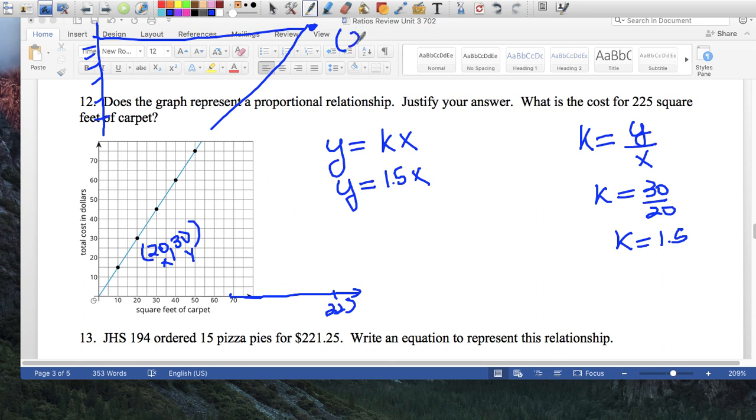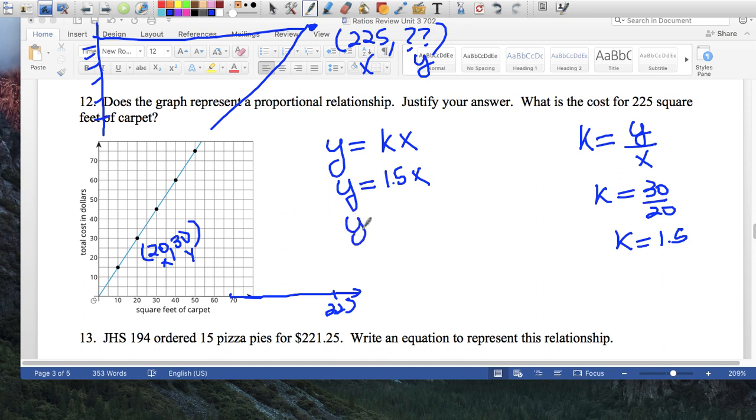So now I need to find this point right here, right? 225, which is the square feet of carpet, and I want to see what y value, which is the dollars, would match up with it. So I know my x, but I don't know my y. So basically you're multiplying 225 times 1.5, but I'm going to show you.